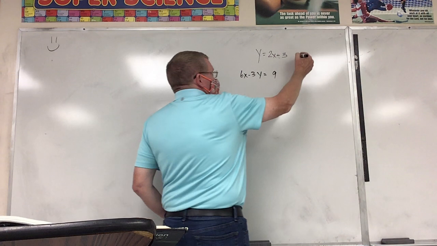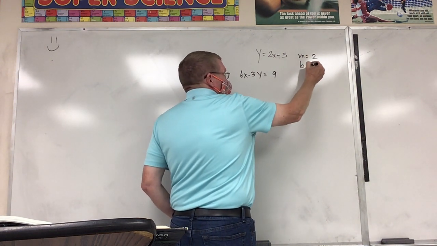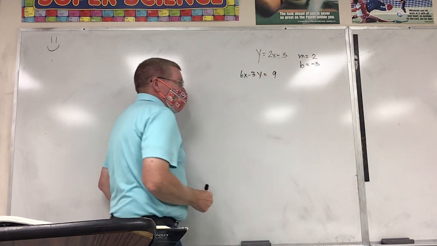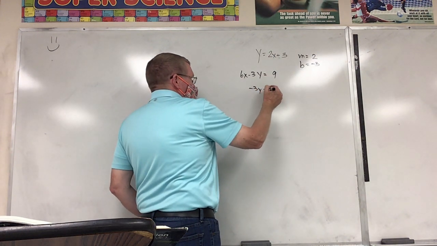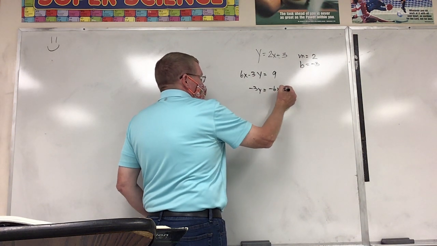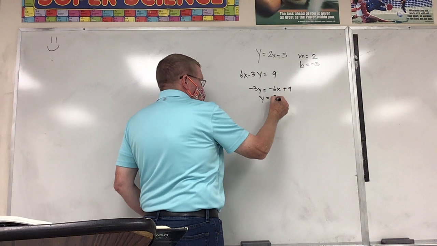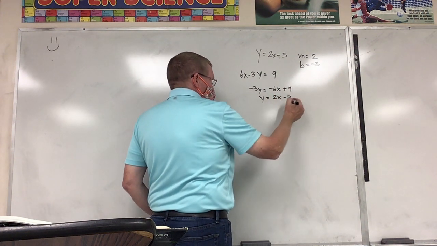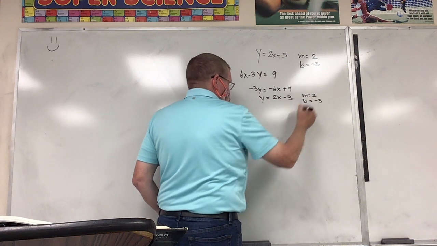This one's already solved. My slope is 2, the number in front of x. My y-intercept is negative 3, the number by itself. Here, solve for y: negative 3y equals negative 6x plus 9, divide by negative 3, y equals 2x minus 3. My slope is 2. My y-intercept is negative 3.